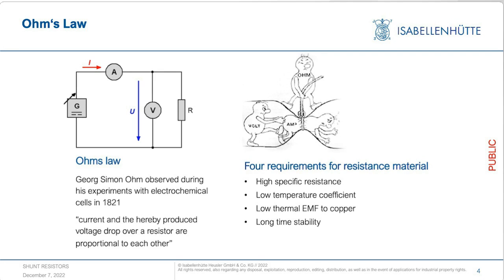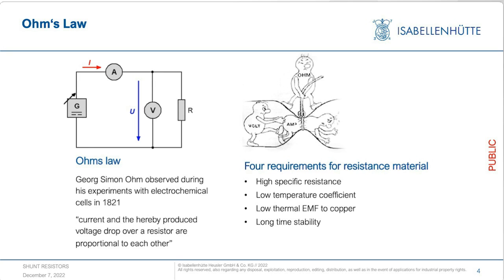If you want to build a real physical resistor, you typically use metal alloys to do so. These metal alloys have to fulfill 4 basic requirements to build a good resistor. The first requirement is that the material should exhibit a high specific resistance.